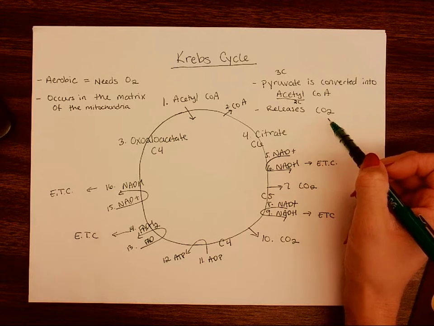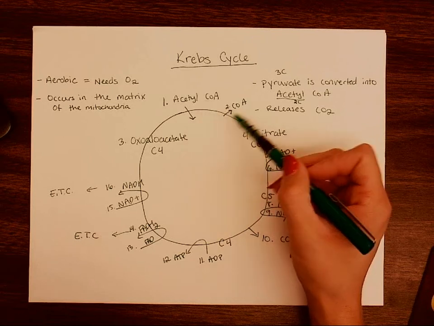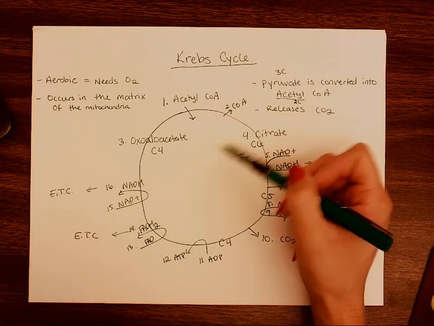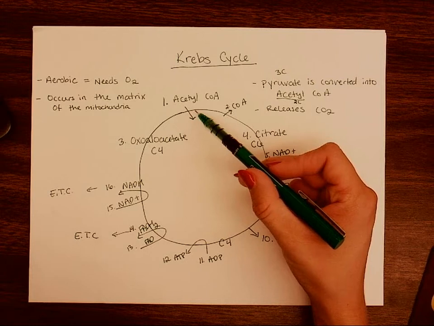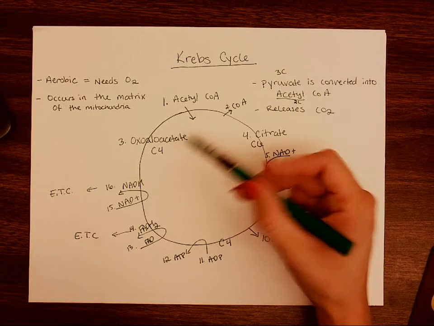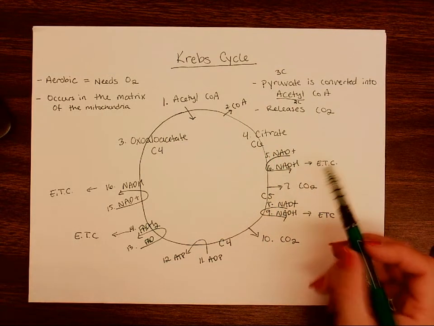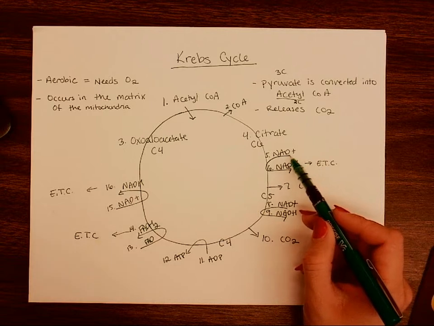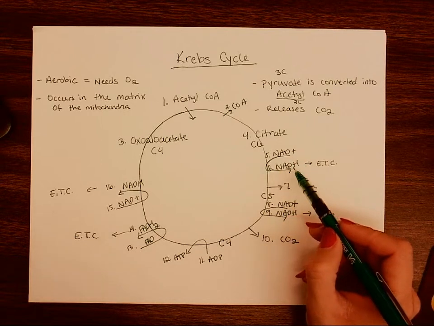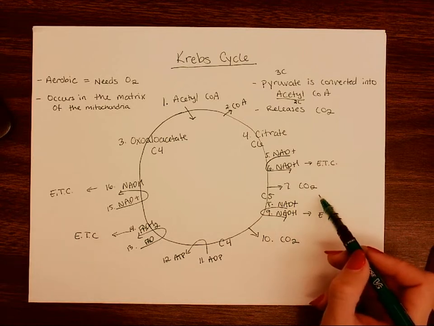So our first step of Krebs cycle, acetyl-CoA comes in, and the CoA is free to leave. This acetyl, which is a 2-carbon molecule, binds to the 4-carbon molecule oxaloacetate, and that forms citrate, which is a 6-carbon molecule. NAD plus is going to come in and take electrons, grabs the hydrogen, turns into NADH, goes to the ETC, carbon dioxide is released.